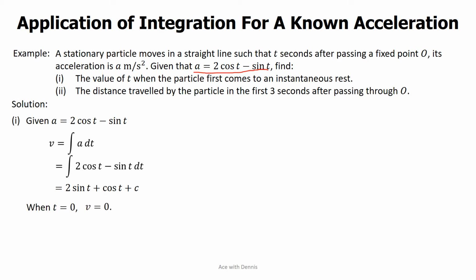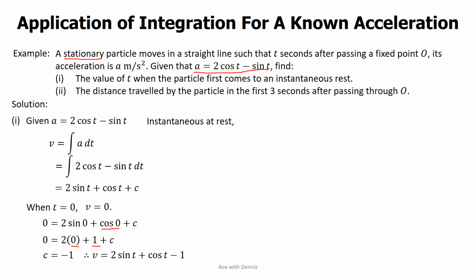So when t equals 0, v equals 0, because the question mentioned it is stationary at the beginning. Hence, we can substitute t equals 0 into the equation, which becomes 0 equals 2 sine 0 plus cosine 0 plus c. Sine 0 is 0, but remember, cosine 0 is not 0, it equals 1. Therefore, c is negative 1. Therefore, the equation of the velocity will be v equals 2 sine t plus cosine t minus 1.